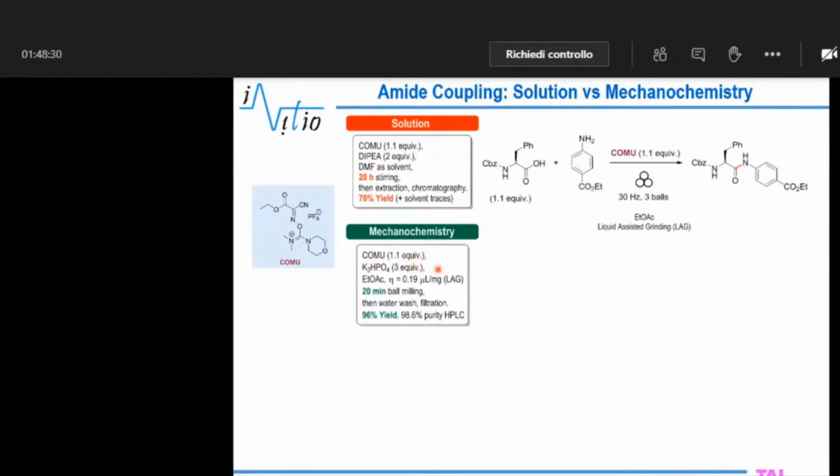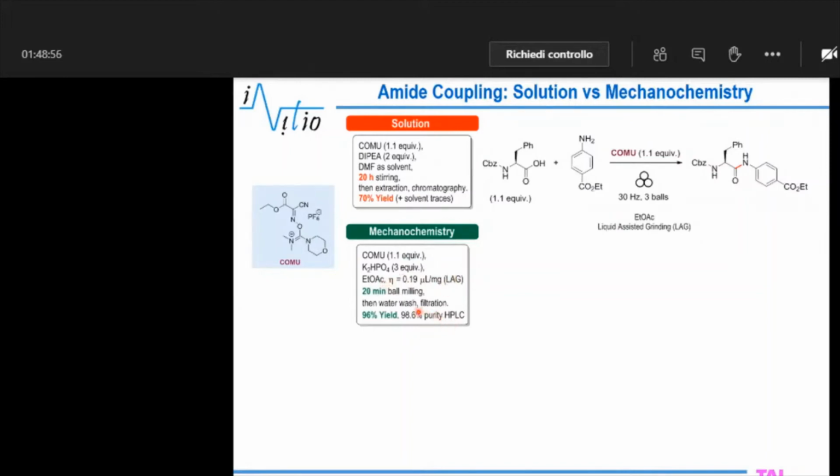Of course, it's not soluble in organic solvent, but you don't care about solubility anymore. It's essentially a kind of solvent-free technique, but usually you need to add a few drops of liquid. It's so-called liquid-assisted grinding, which greatly accelerates the reaction and also makes it more efficient. In this case, we need to add just a few drops of ethyl acetate.